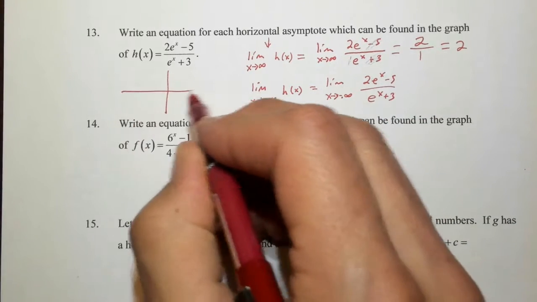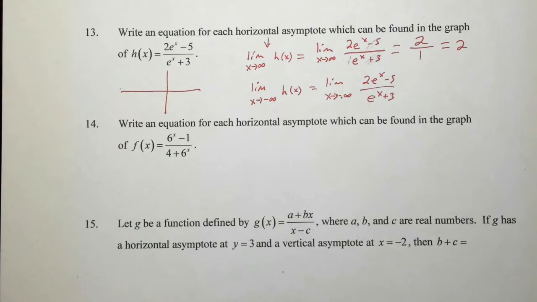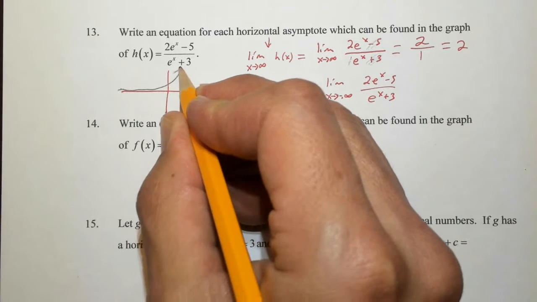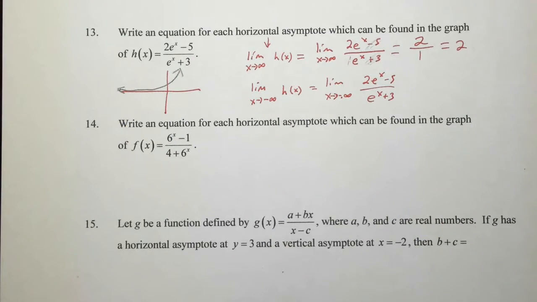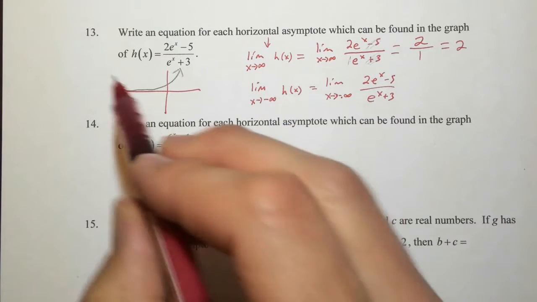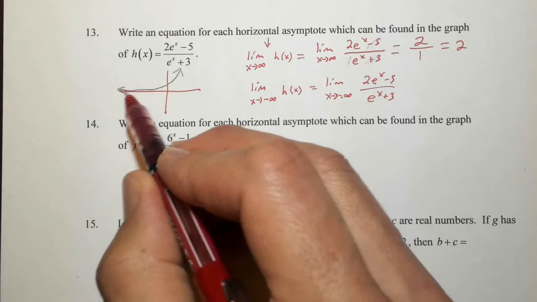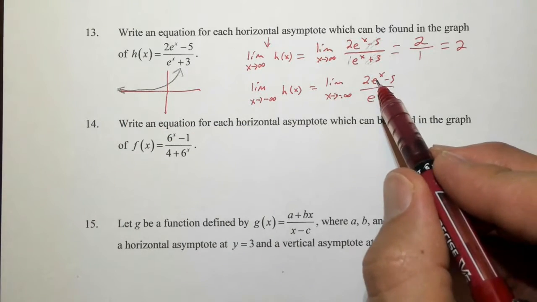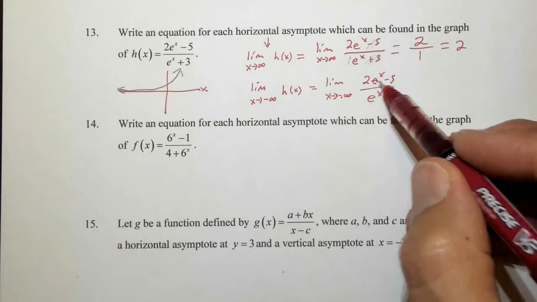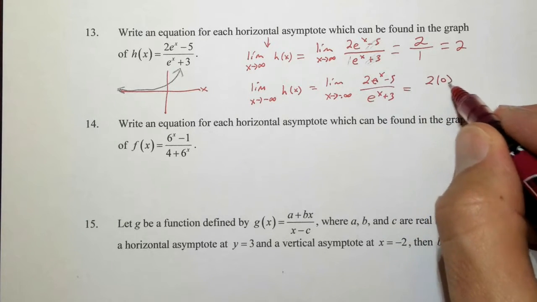Here's our graph of e to the x, and we're interested when x is approaching negative infinity, way over here. Well, when x is approaching negative infinity, e to the x is getting closer and closer to the x-axis, which means e to the x is actually approaching 0.